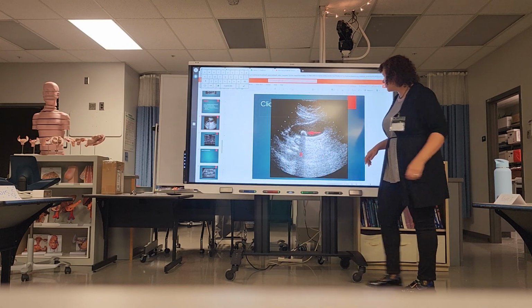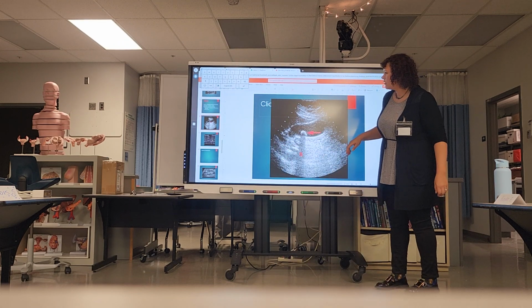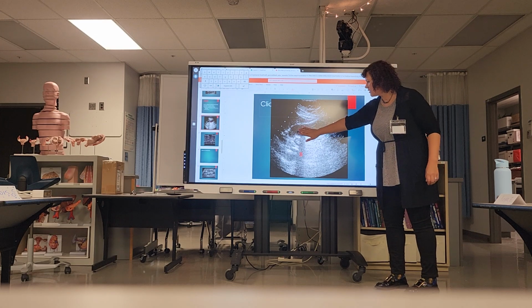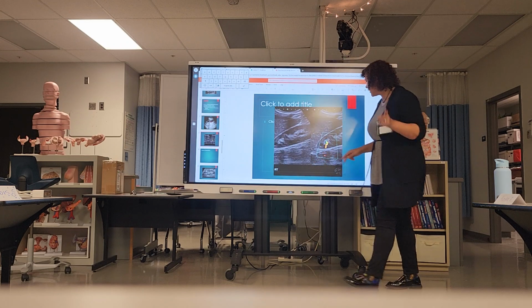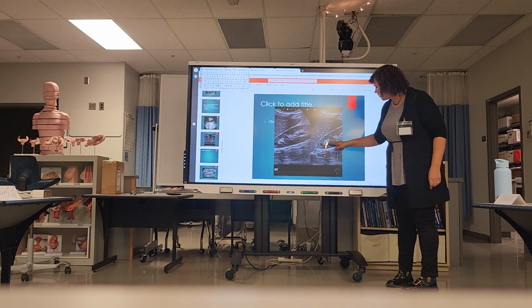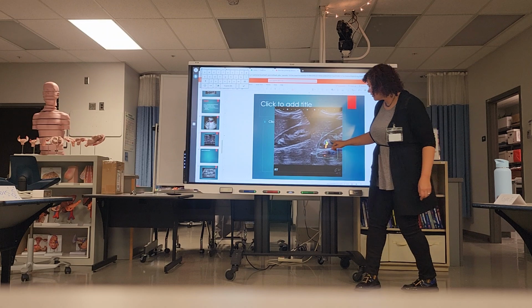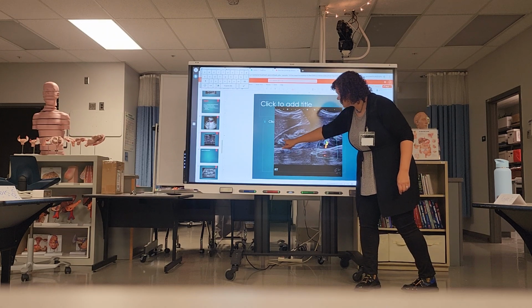So here we have a gallstone. Not a good example. This is not a calcification. There is shadowing, but it's not calcium. Right, so this is the twinkle artifact. There is a stone right here.